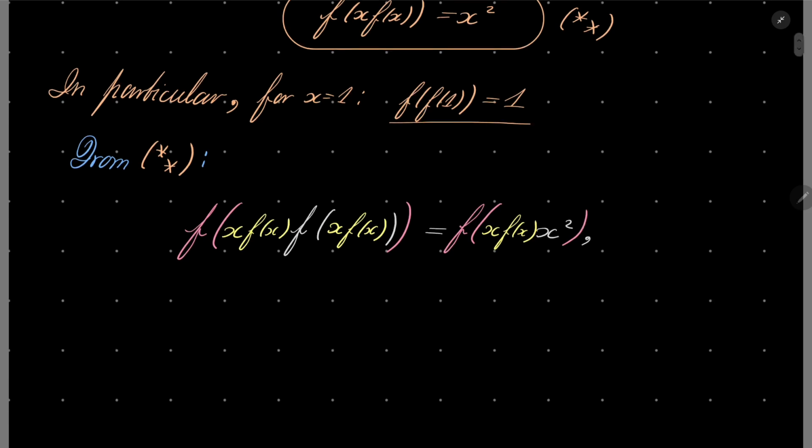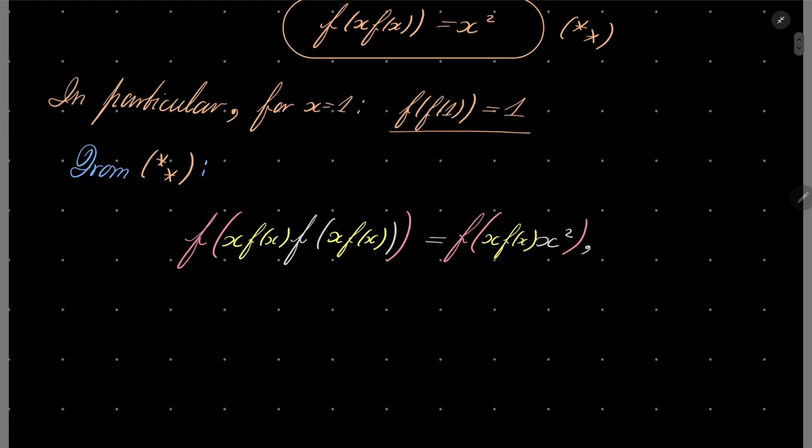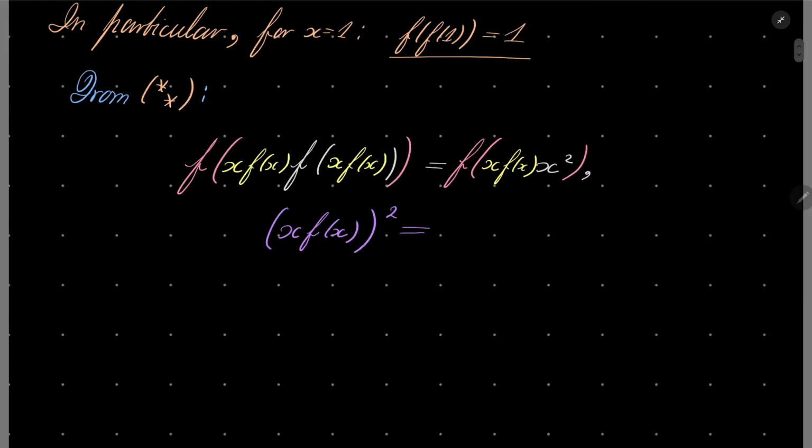Now, notice the nice thing. Here we have f of something times f of something. By our condition double asterisk, the entire left-hand side can be simplified just to x times f(x) squared. And that equals f(x) cubed times f(x). I have used here, this part is by double asterisks.